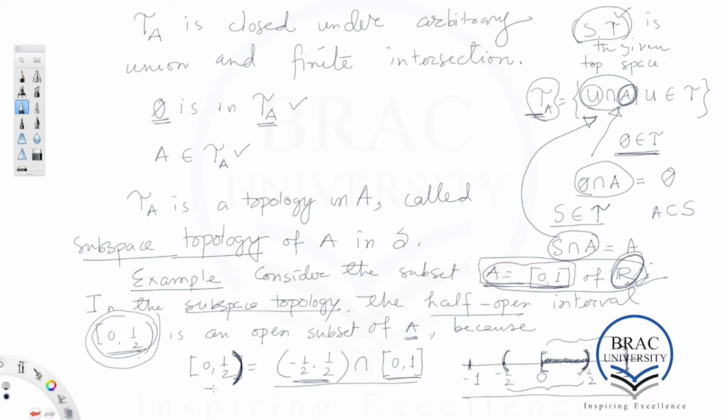So this guy, of course, belongs to this collection, and hence is an open set in the subspace topology of A in R. Okay. Alright, so this was the example of subspace topology.